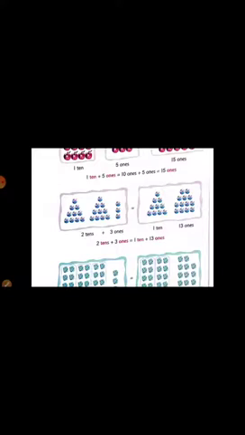Because when we borrow from tens, we are borrowing 1 ten. Like in addition, when we carry forward ones to tens, we carry forward 1 to the tens place, or when we carry forward tens to hundreds, we carry forward 1 ten to hundreds. In subtraction, when we borrow from tens, we are borrowing 1 ten.